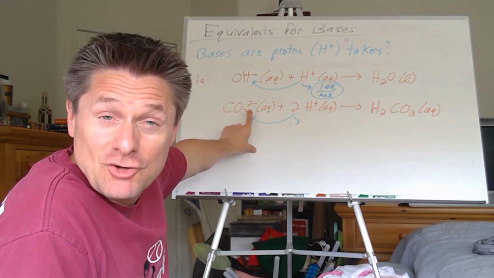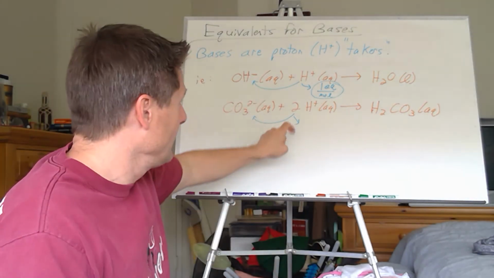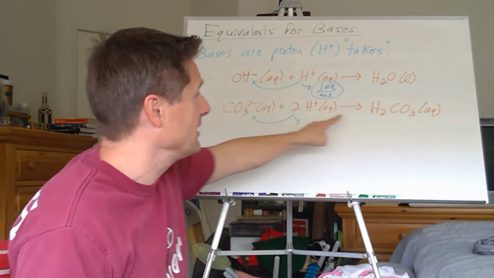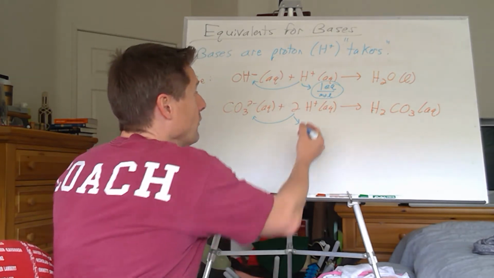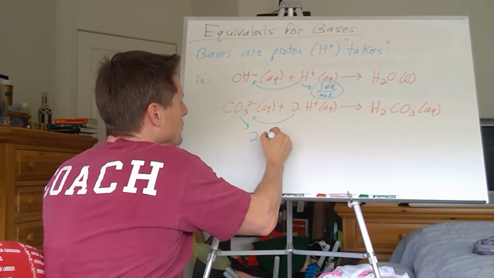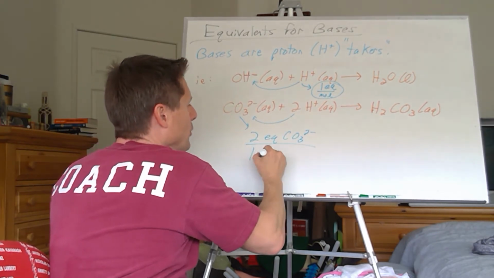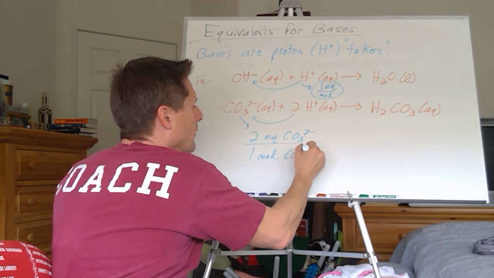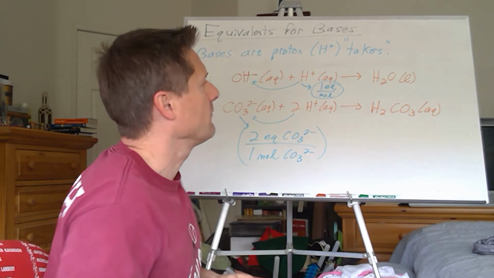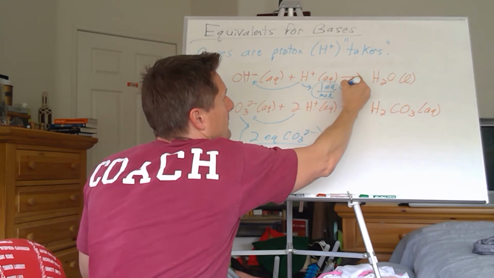That has a -2 charge, so we can pick up 2 H pluses, right, to cancel out the charge to give you carbonic acid. So this right here would be 2 equivalents of carbonate per mole of carbonate, right? And up here, this would be the OH minus.